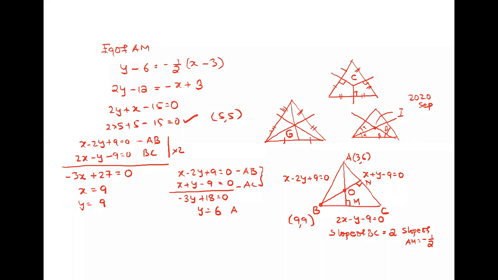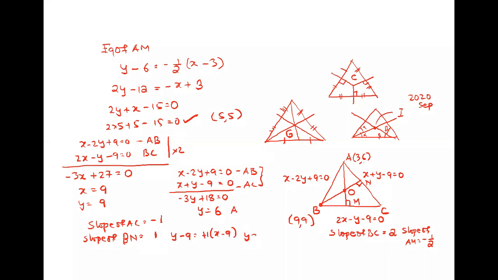Then what is the slope of BN? Slope of AC is equal to minus 1, and slope of BN is equal to 1. Once you know the slope of BN, you can find the equation: y minus 9 is equal to 1 times x minus 9.